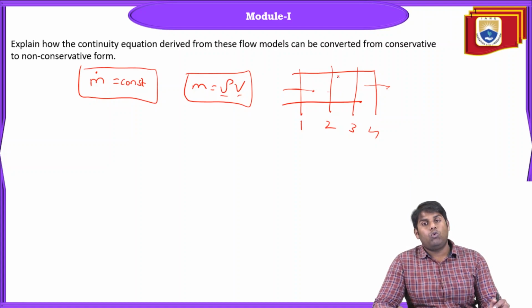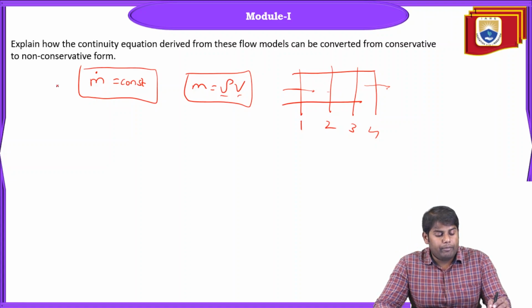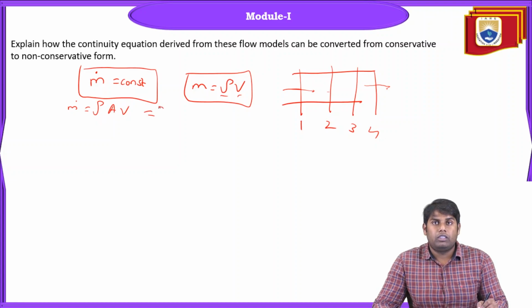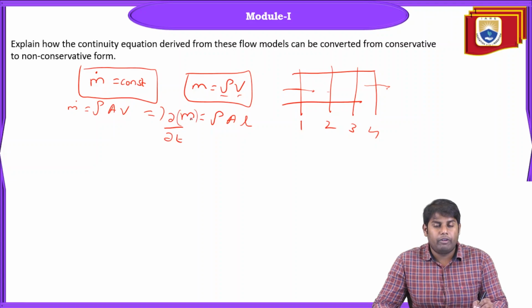Now, m dot is nothing but rho A V. Why are we taking A times V? Because mass is equal to density times area times length. When you differentiate this with respect to time, it becomes m dot, and the length term is replaced by velocity.